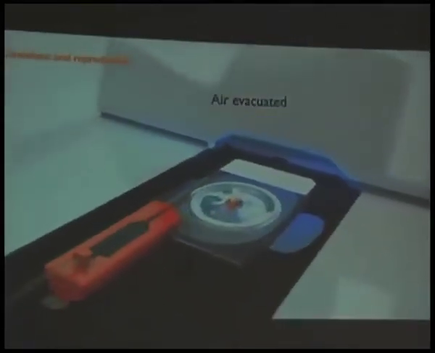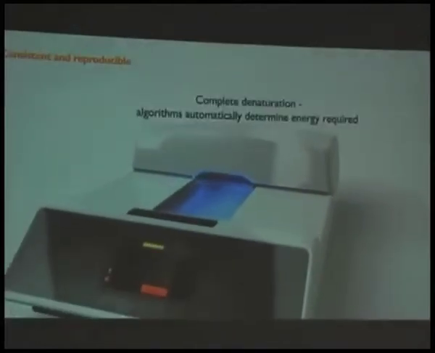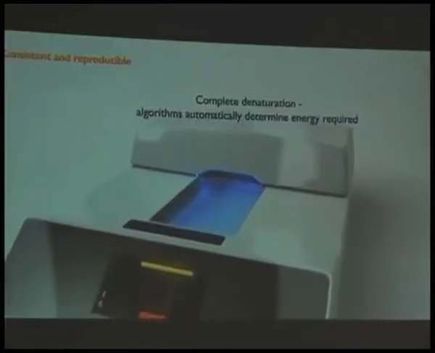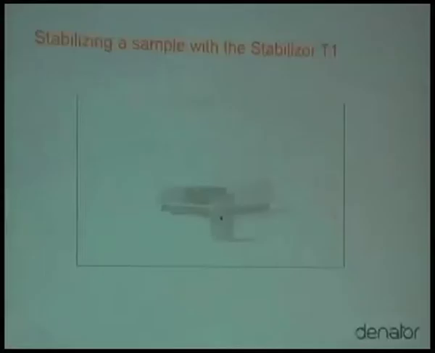The first thing that happens when it's in the instrument is that air is evacuated, to make sure that the sample is the highest point on the card. As it goes in, the height is measured, and based on the height and whether the sample is fresh or frozen, the time it takes to stabilize is calculated. The sample is heated, it returns out, and it's done.